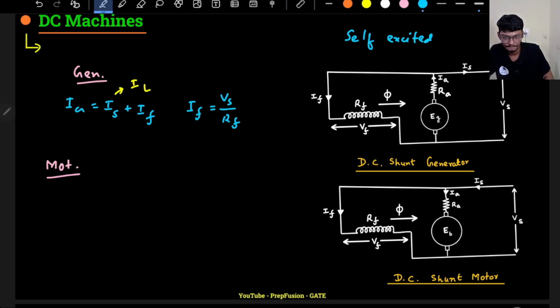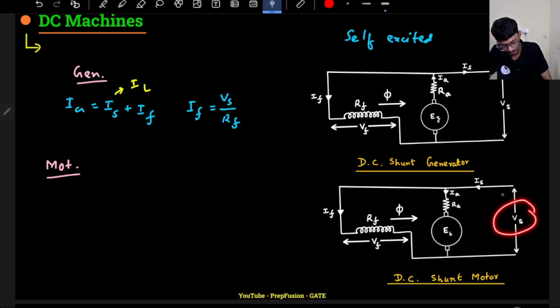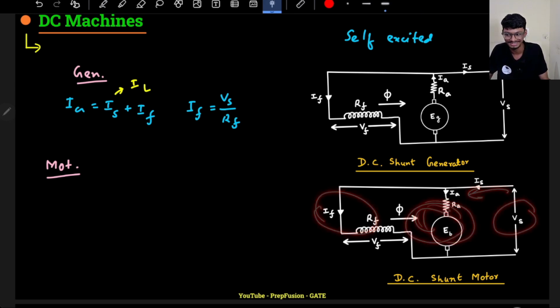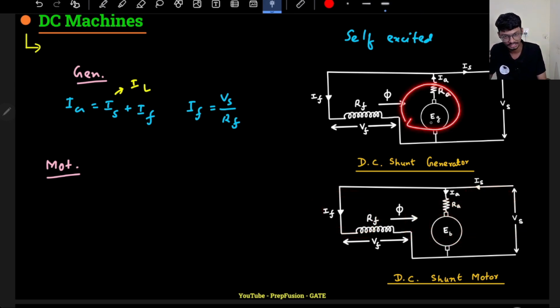This was for the motor. So for the motor, now the supply will supply the current for both the armature and the field winding, because it is acting as a load. Previously it was generating, so it gave the current to the field and the load.